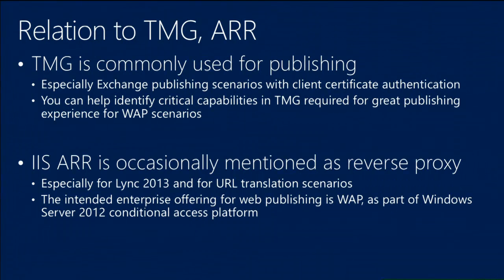We know we still have some gaps against other products like ARR or TMG, but we're going to fill up those gaps. So directionally speaking, I don't think there should be any confusion about what we're trying to say or do here. I recommend everyone stick to that platform and not anything else, or at least start with that when you evaluate your publishing scenarios.